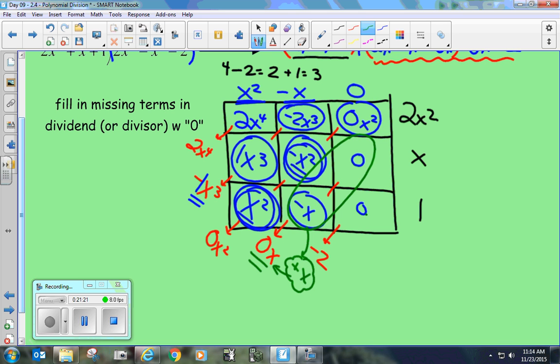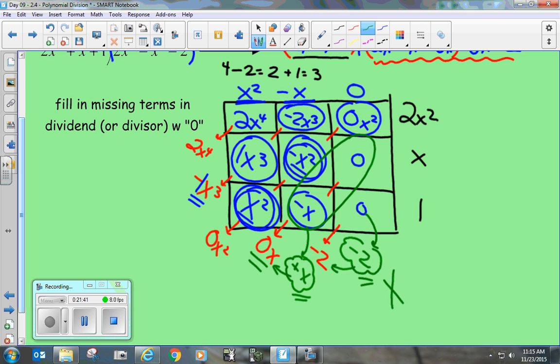And how do I get from 0 to negative 2? I subtract 2. So that's what my remainder is. Negative 2. x minus 2. My remainder is x minus 2. Where they stop matching, that's where you figure out your remainder.